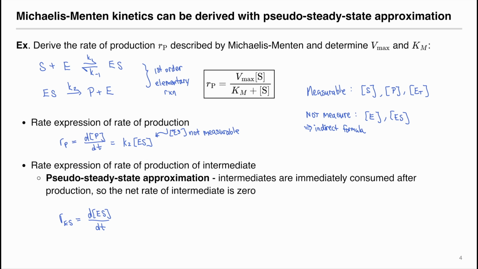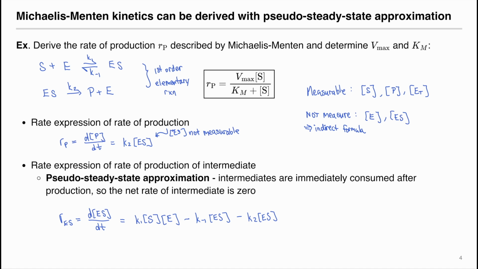You see, in the first reaction, ES appears on the right side, so it is formed at a rate of k1 with the elementary rate law of concentration of S times concentration of enzyme. And it is lost at a rate of k-1 times its own concentration. And for the second reaction, we see that it is a reactant, so it is lost at the rate of k2 times its concentration.